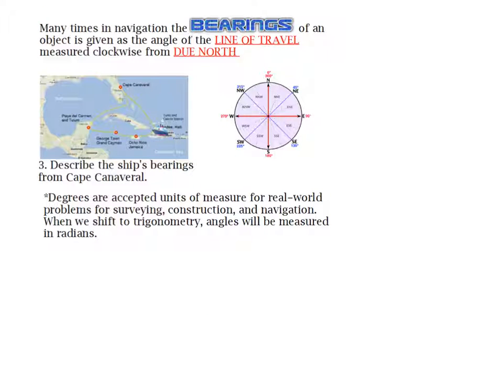One of the other things that happens as we start this trigonometry process and we start working with these angle measurements, a lot of it has to do with navigation. And when you are doing navigation, they keep track of their angles a little bit differently than we keep track of our angles.